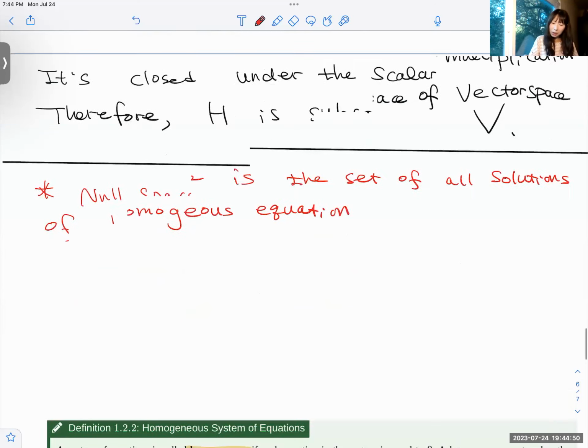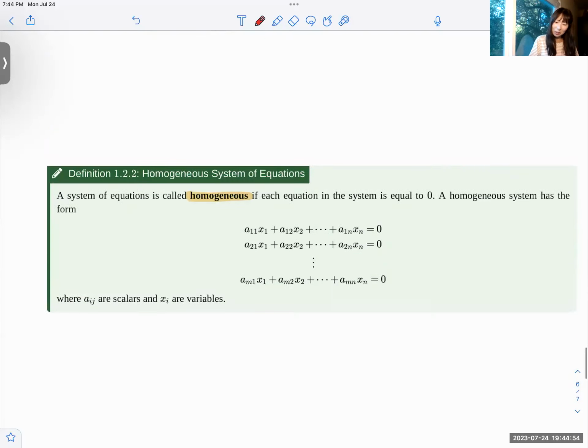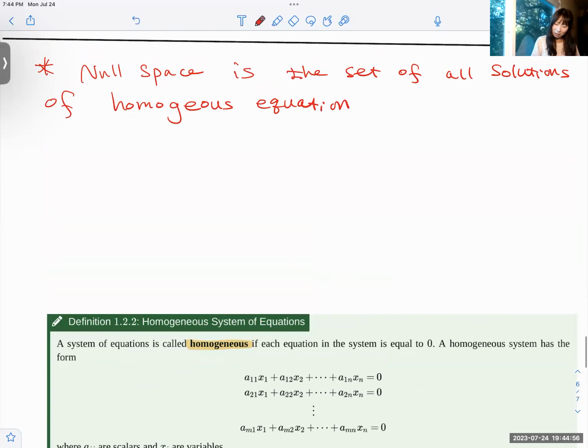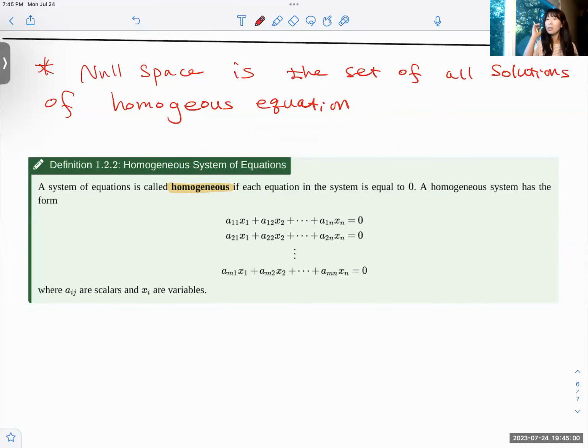This is a homogeneous equation, we did it in 1.2. Then we can express this as A as a matrix and X vector equal to 0 vector, so AX equal to 0.